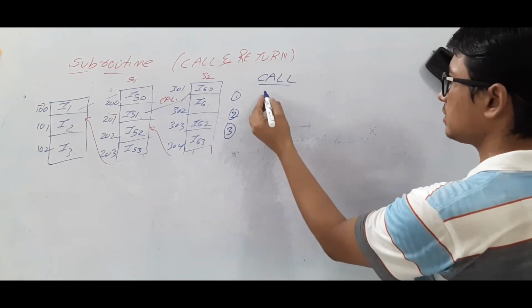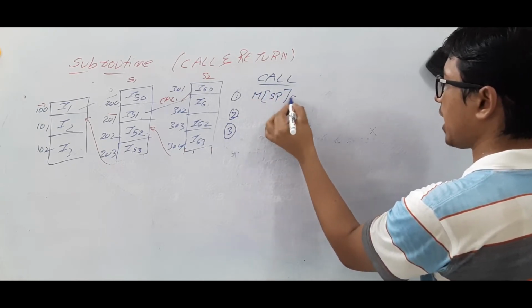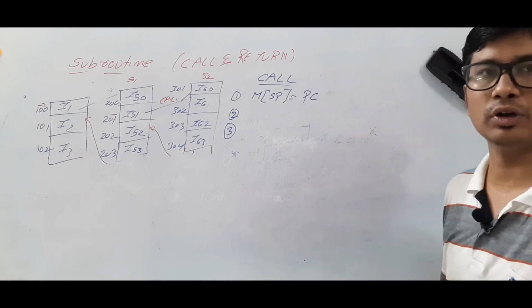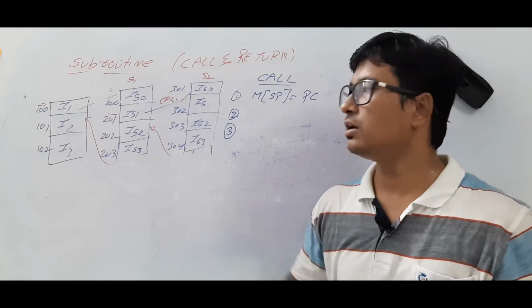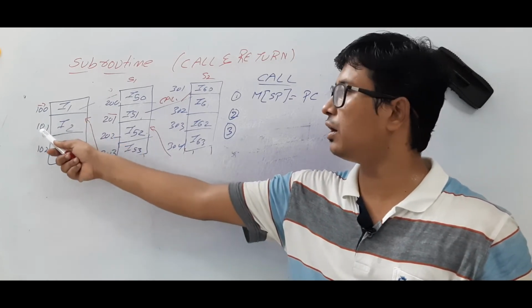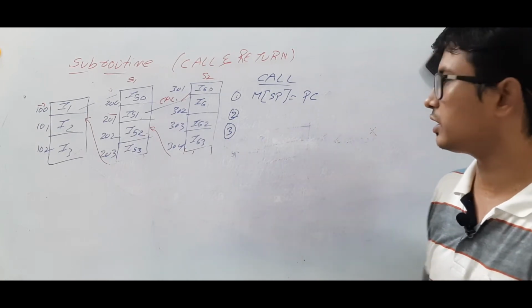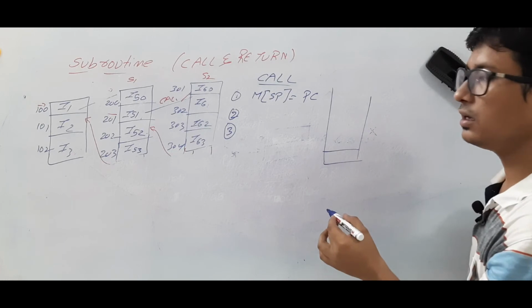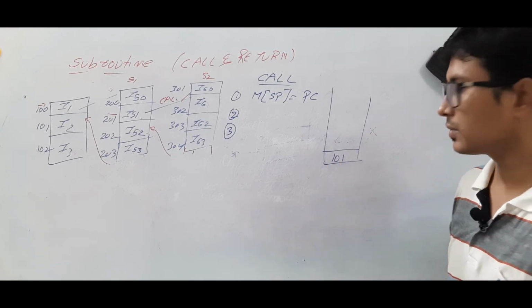One is that on the stack you will store the program counter value, because whenever you are executing instruction I1, the program counter will have 101. So I need to store that value in the stack. So I have a stack and I will store the 101 value.